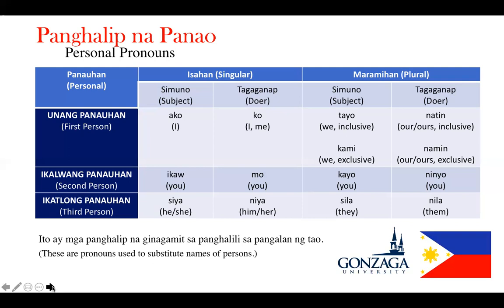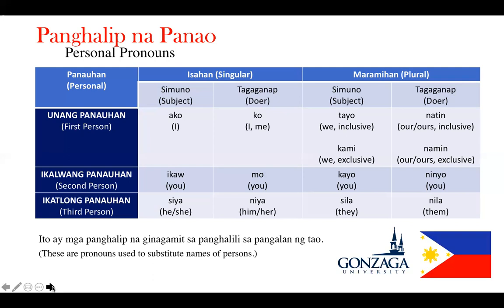Now, personal pronouns, ito ay mga panghalip na ginagamit sa panghalili sa pangalan ng tao. So you can use these pronouns only if you refer to persons. Okay? You cannot use this for animals unless, of course, if you are writing a fiction, okay, a fable or what, okay?